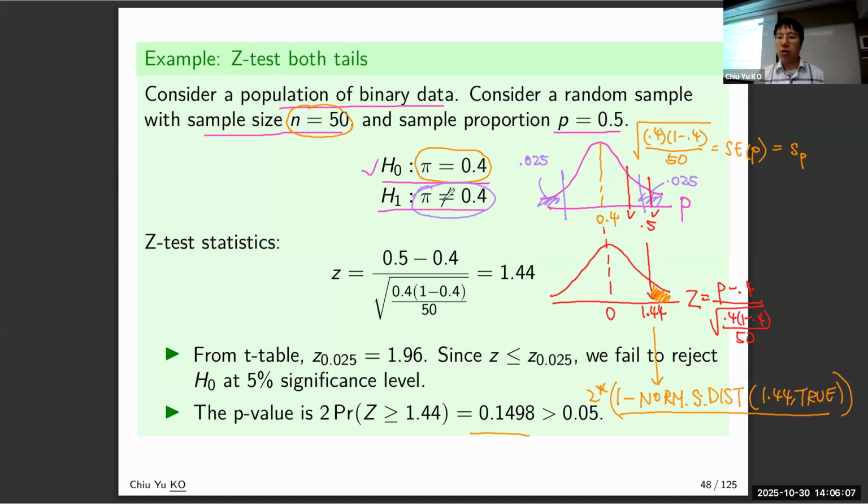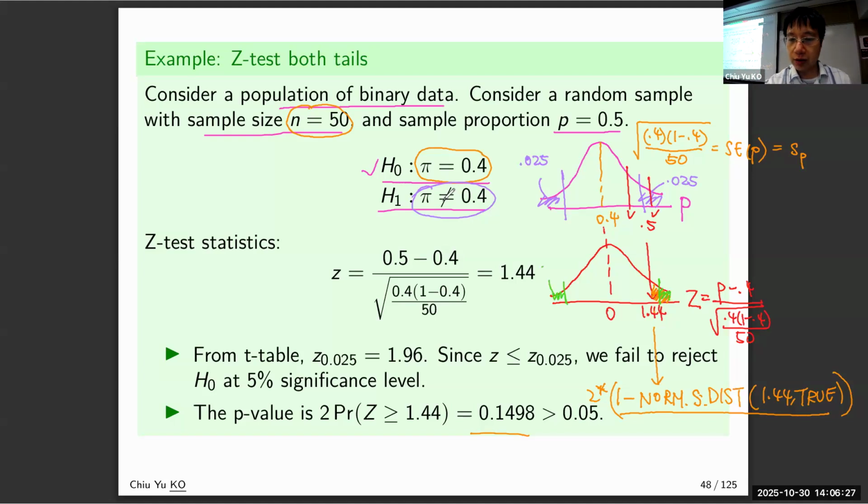Okay. Or on the other hand, you can also do the critical value method. Looking at both sides, where you got 2.5%, right? So you can just do this because they're symmetric.